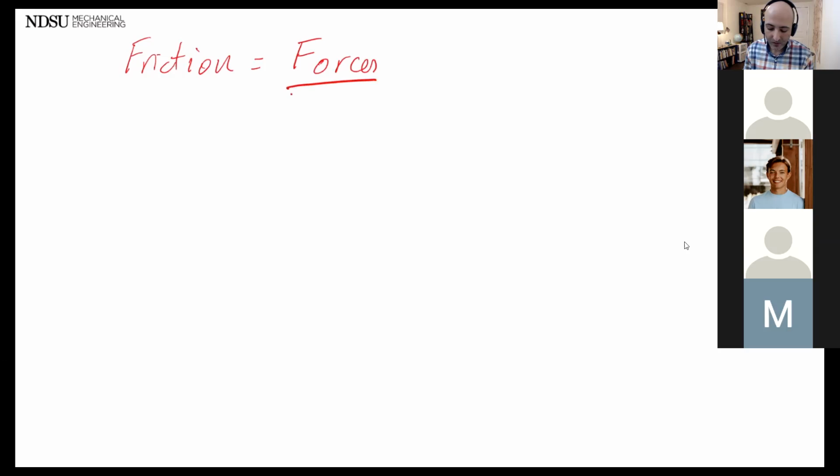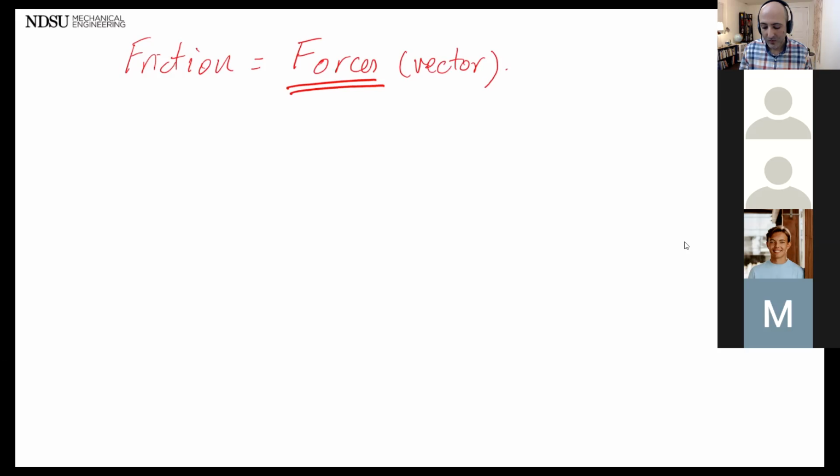All right. So that means immediately when you think of a force, you think of a vector. And when you think of a vector, what does that mean? It's a force in a direction. So it has a magnitude and it has a direction. All right, so just remember. Now we're going to talk about the magnitude and the direction of it.